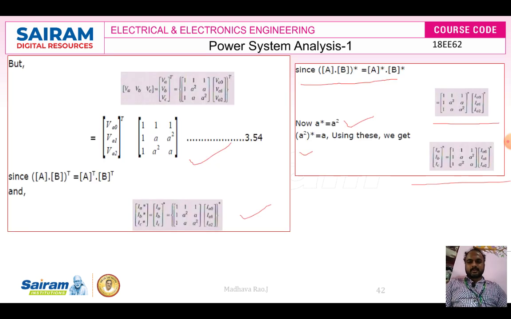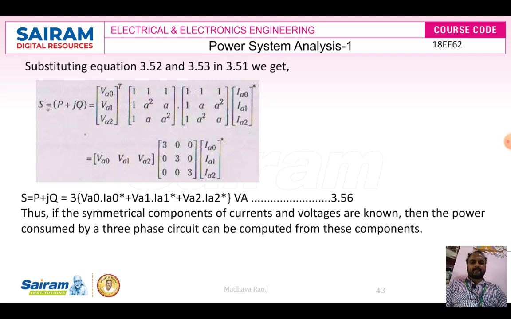This is how we find the complex power in the system. Finally, if you simplify, S is equal to P plus jQ is equal to 3 into VA0 IA0 conjugate plus VA1 IA1 conjugate plus VA2 IA2 conjugate.